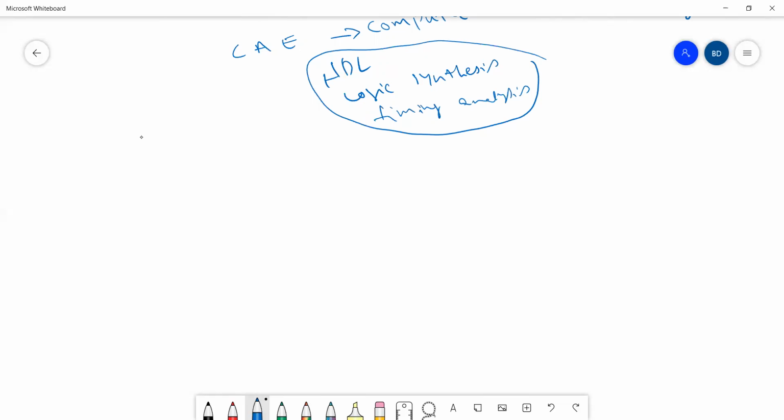So I repeat that with the emergence of VLSI technology, there are more than 10,000 transistors on a single silicon chip. Nowadays, there are billions of transistors. You cannot connect these transistors on a breadboard, and you cannot do the simulations.